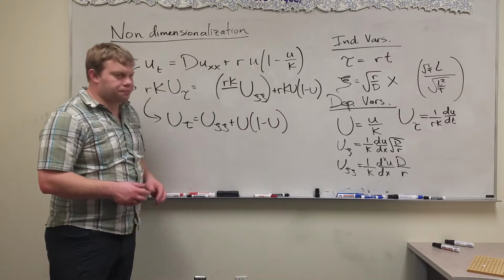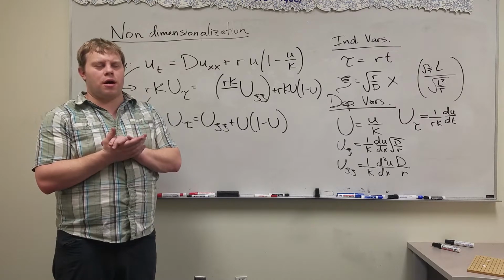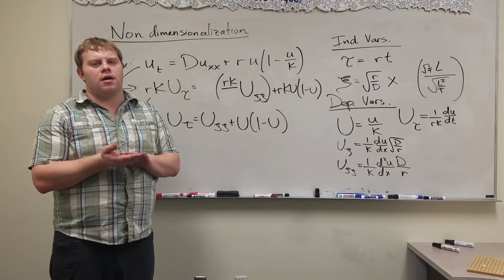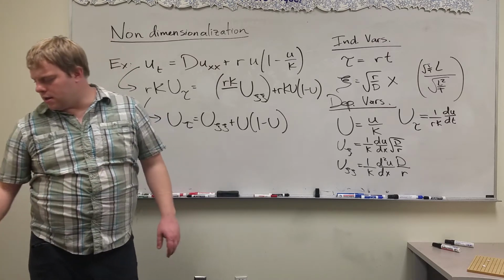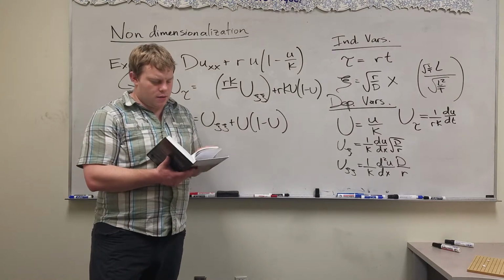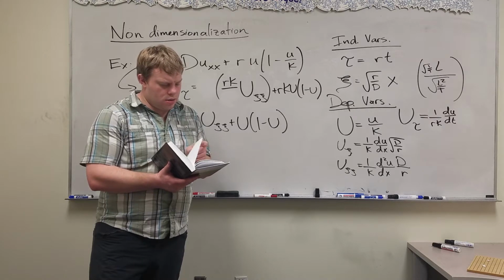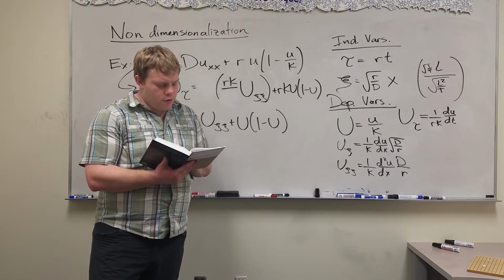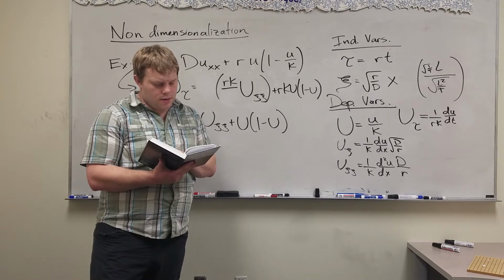Now, the first non-dimensionalization problem in the homework, which is number 5 of section 1.3, is a little bit difficult. When it talks about a porous media equation, it's talking about equation 1.3.21, which is at the top of page 32 in the book.